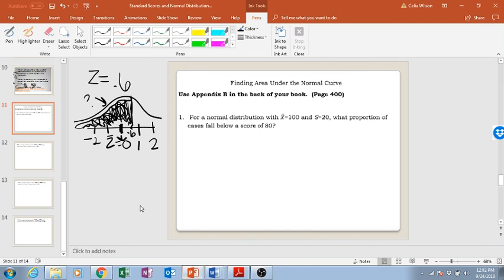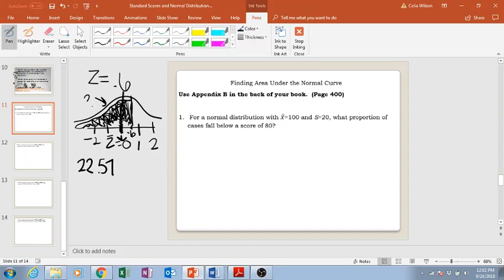So it's telling me that the area between the mean and the z is, let me write it down before I forget it, 22.57. All right, so that is talking about, here's the mean. Remember, the mean is 0.